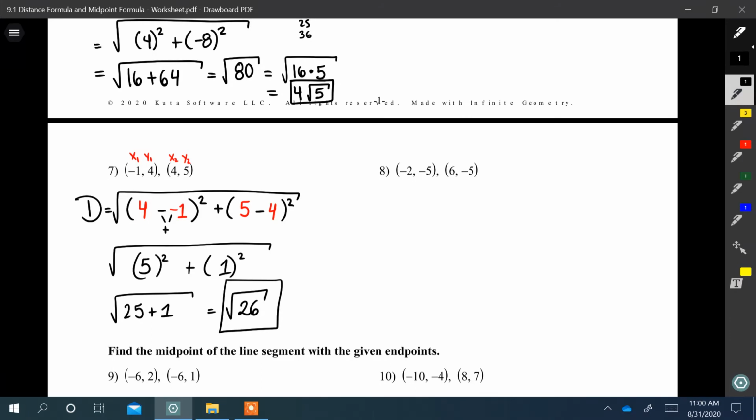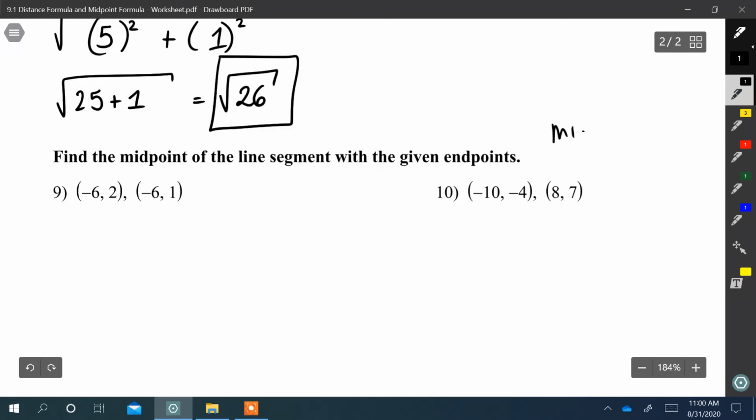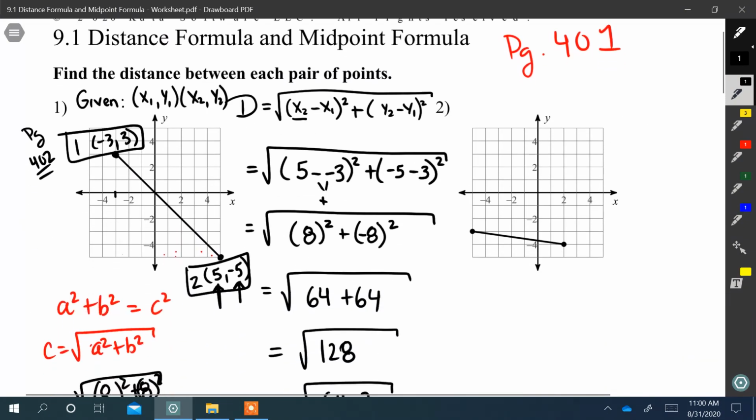Okay. All right, so in the book, you're also given the midpoint formula. The midpoint formula is on page 402 as well. With the midpoint formula, you're trying to find the midpoint.